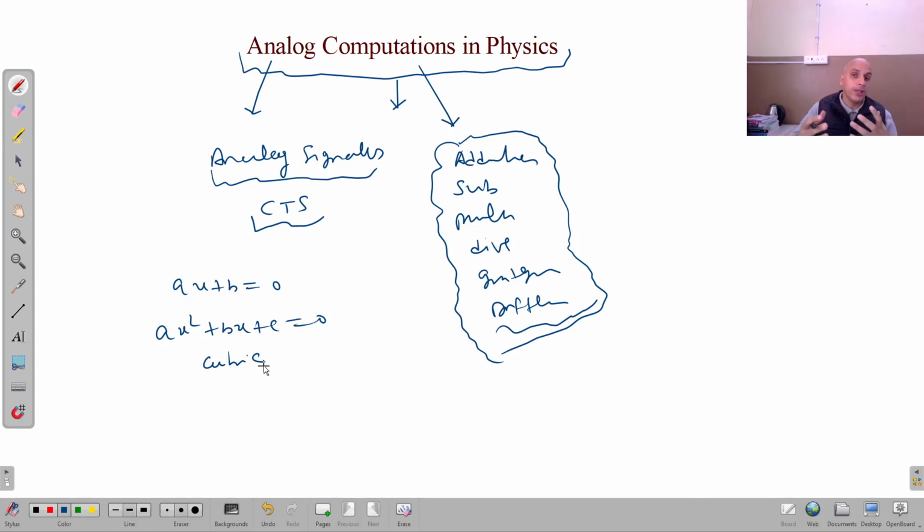And the most important thing is that we can have a differential equation like F is equal to ma. Now I can express it as F is equal to m into d square x upon dt square. This is a differential equation, right? And if I want to solve this equation, then I can take the help of analog computations.